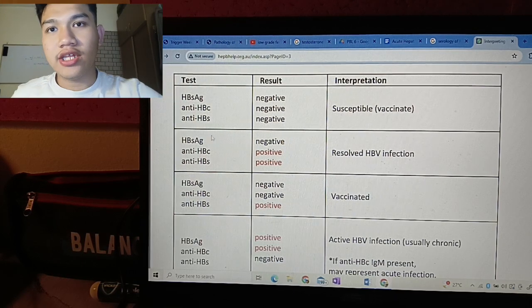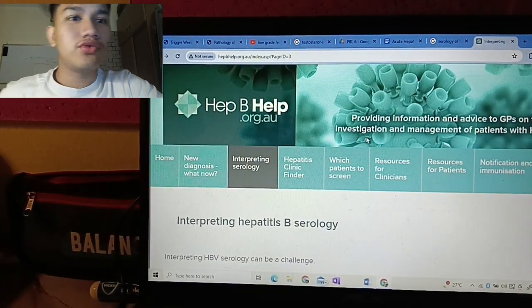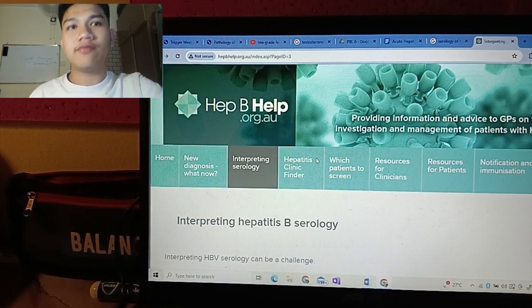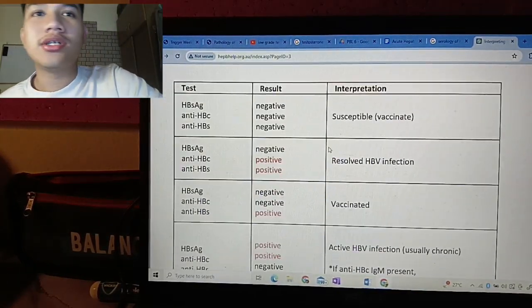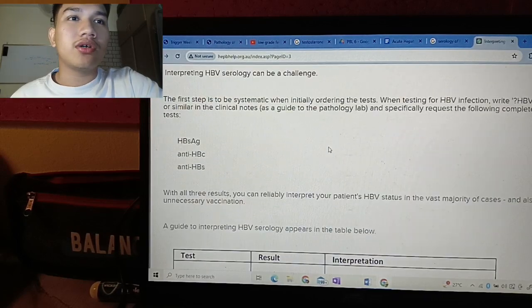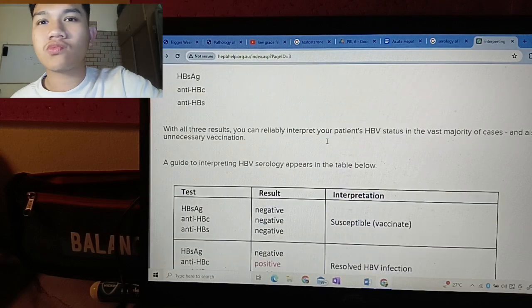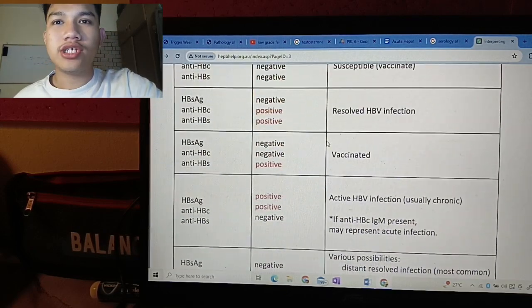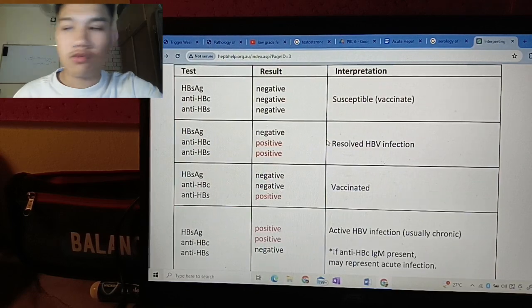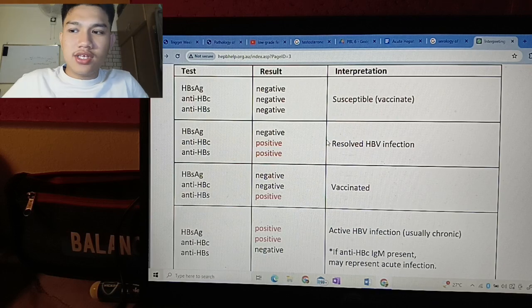Ini adalah 3 indikator yang penting lah. In order for us to screen ataupun kita nak confirm this patient ada hepatitis viral infection lah. Alright. Another one, one additional marker is hepatitis B E antigen.